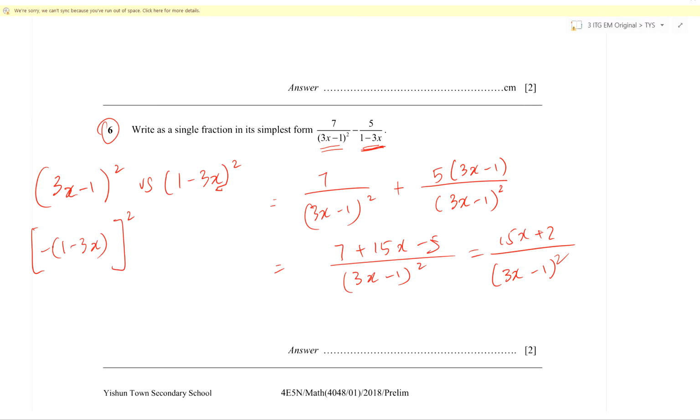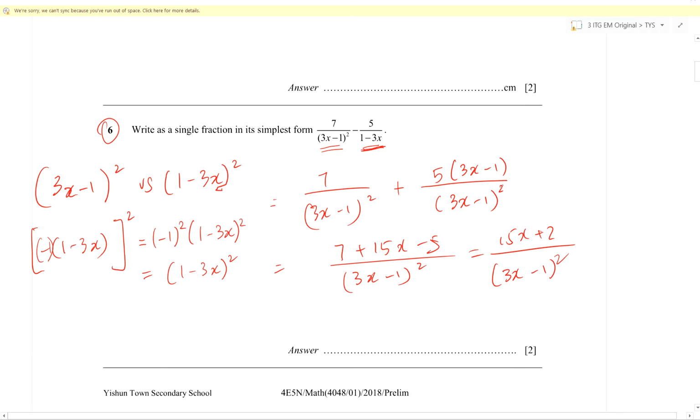Now I'm going to expand this. This is a negative 1 multiplied by 1 minus 3x. So I'm going to square negative 1, and I'm going to square 1 minus 3x. Can you now see that they are the same? 1 minus 3x with a square. Same? So these two, you have to recognize that they are equivalent. Can I move on? Yes?